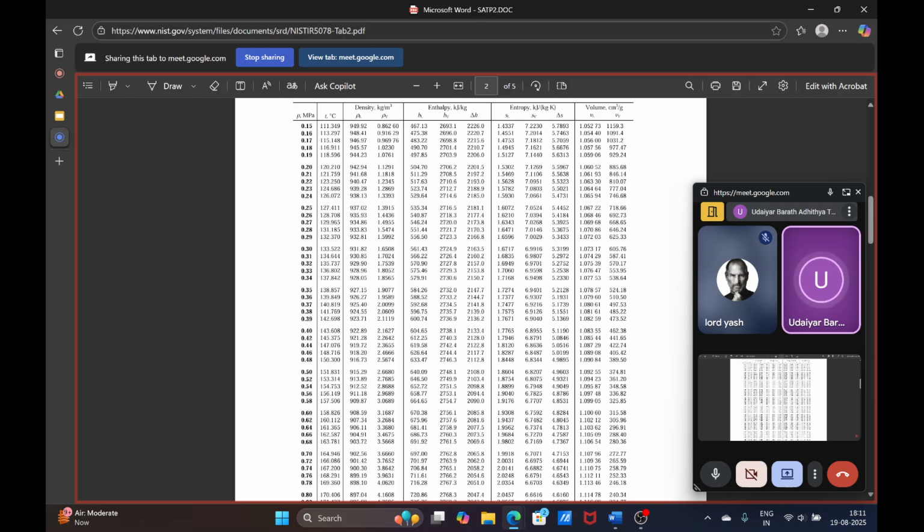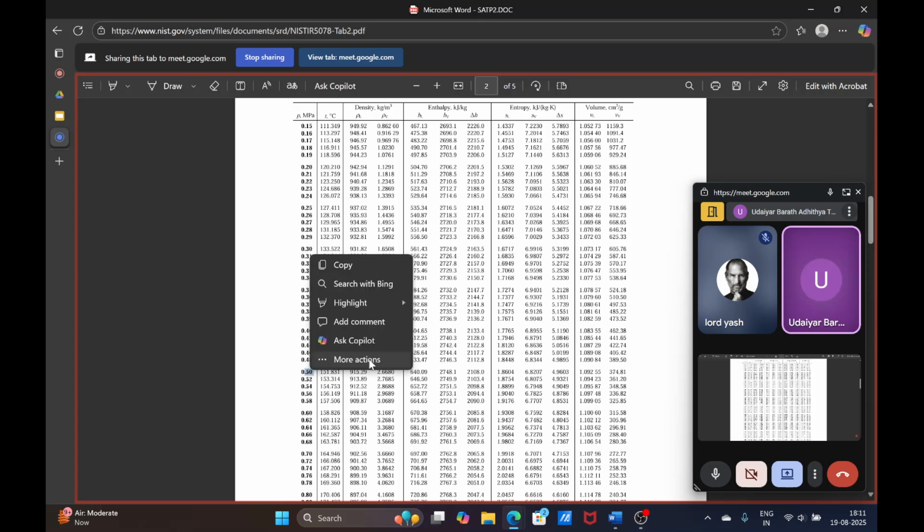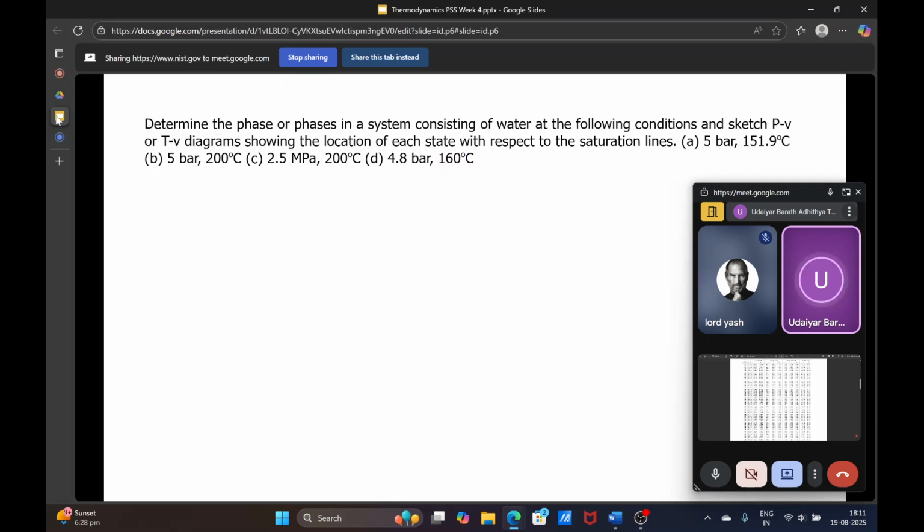That is your saturation temperature corresponding to this pressure, and the question says 5 bar and 151.9. So that is your saturation temperature. So this can exist at any state from liquid water till vapor, because it's a pure fluid, it will boil at the same temperature. So you can have saturated liquid, saturated vapor, or a mix of both. So with just 5 bar and 151.9, it can be in any of the states.